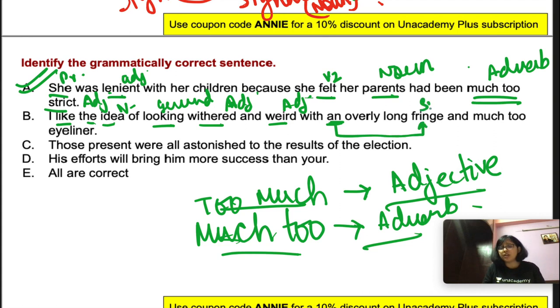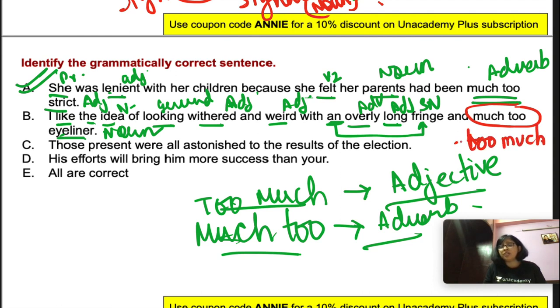Fringe is a singular noun, long is an adjective, overly is an adverb, and much too eyeliner. Now eyeliner is a noun, so you need an adjective and not an adverb. So here too much should be used. Too much eyeliner.